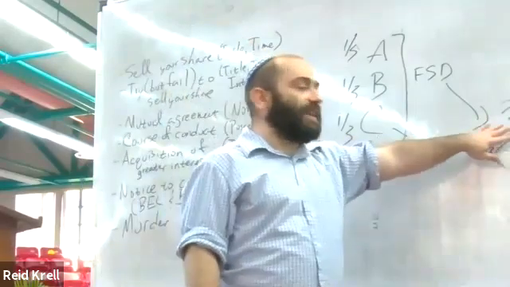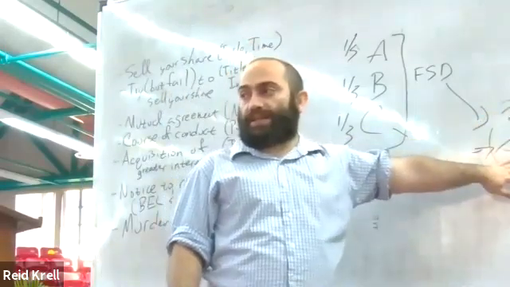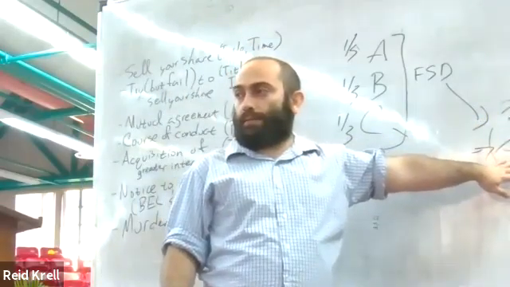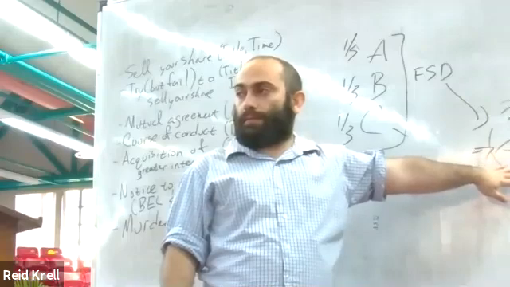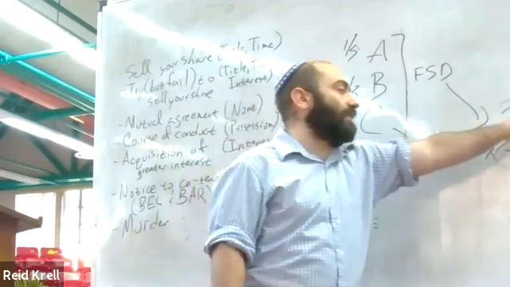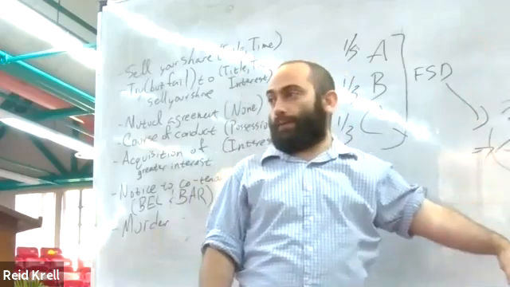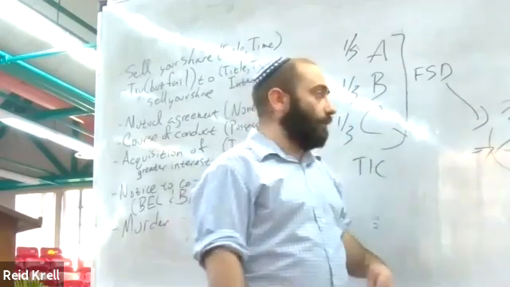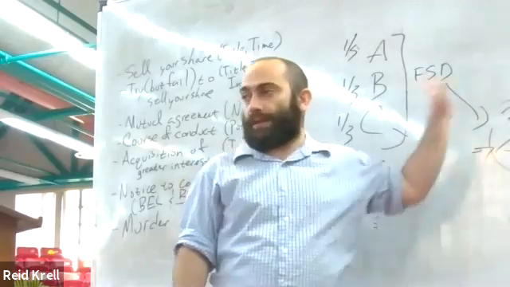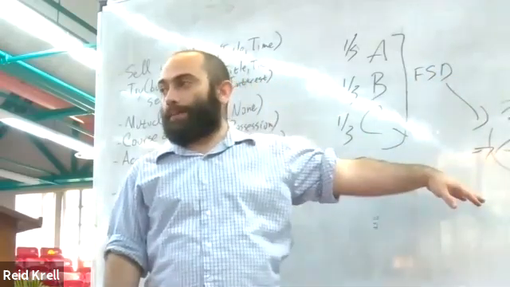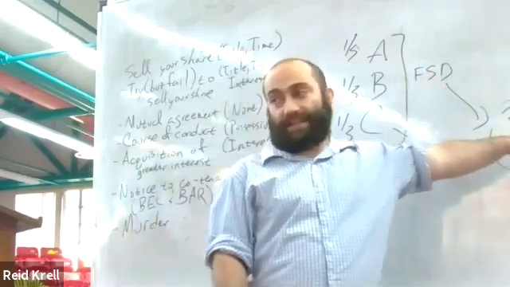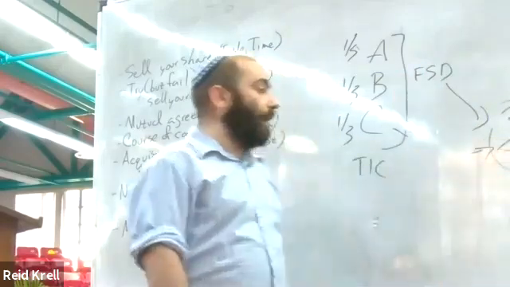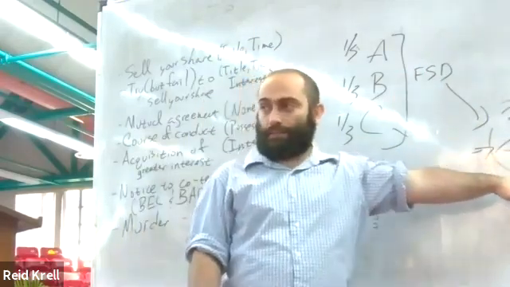Oh, D, but then D sells it to C. So D held a 1/3 share. No, D held the possibility of reverter for the whole thing. Okay. So, or named in the conveyance, doesn't matter where it comes from. It's just, this exists, right? And C buys it.